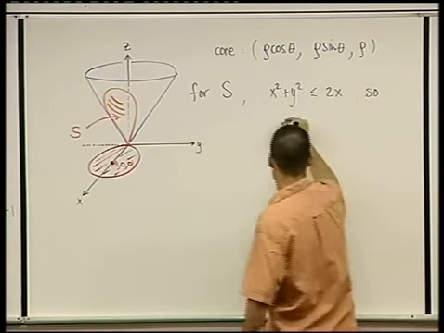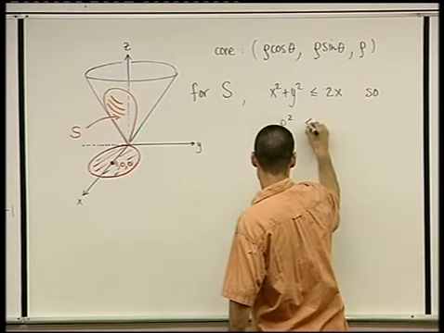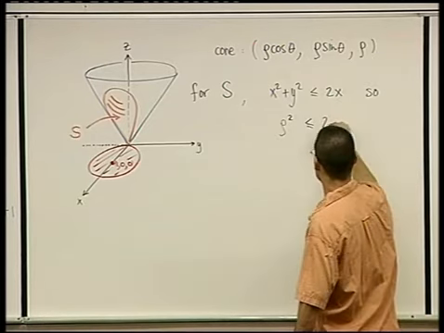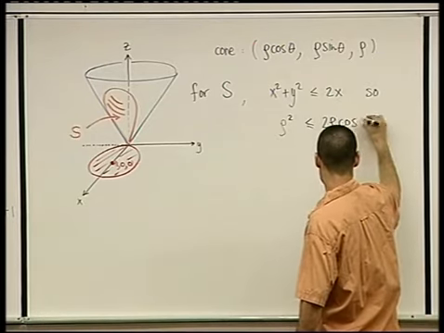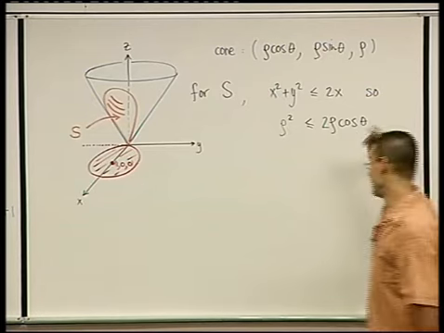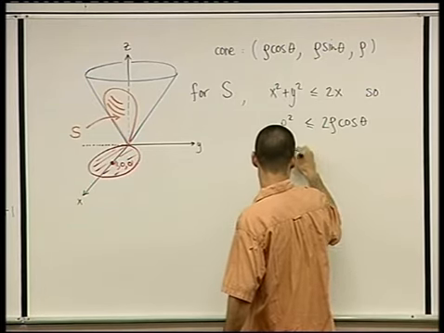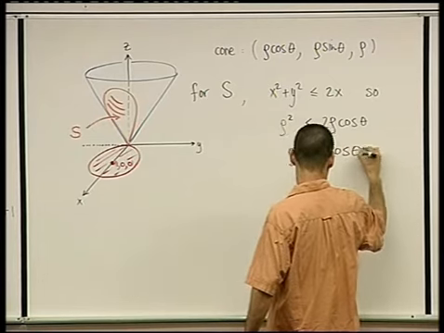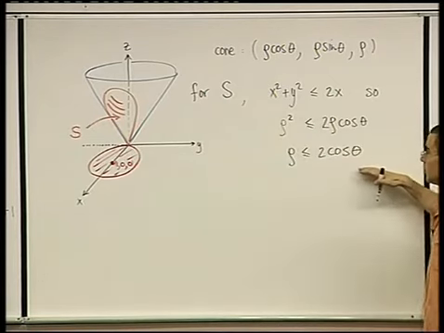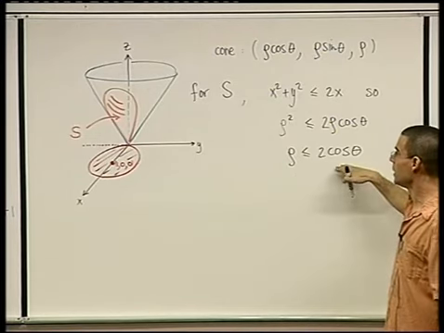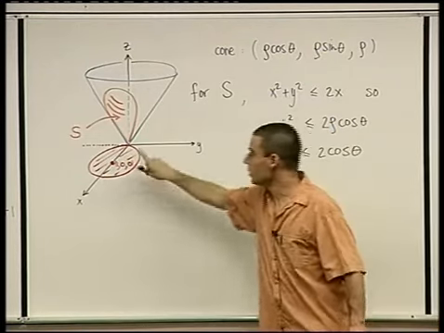So it's rho². And that should be less than or equal to 2x, 2 rho cos theta. Do you agree? Good? And I can cancel out one of the rhos here. So I get rho ≤ 2 cos theta. So there's an additional requirement on rho and theta in order for us to get only points above this circle.